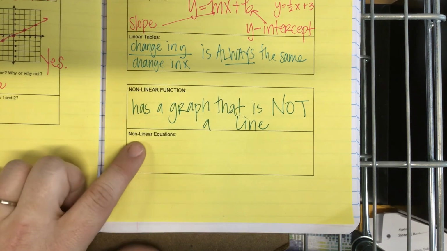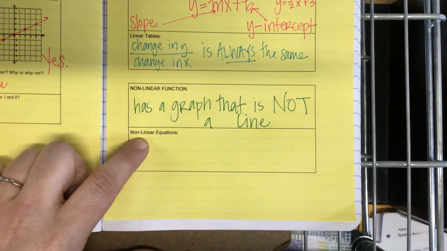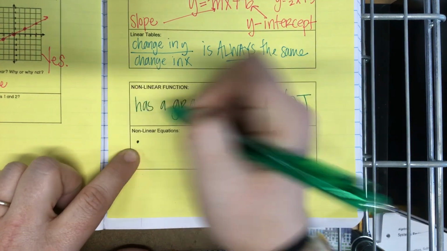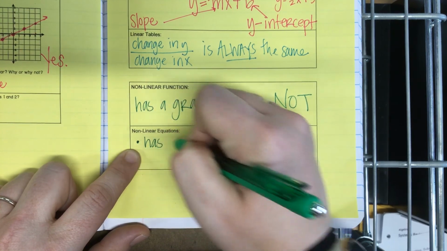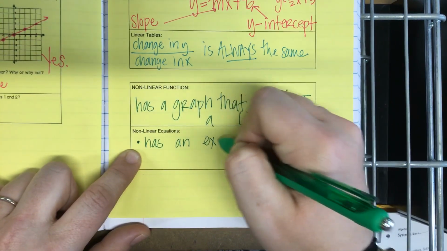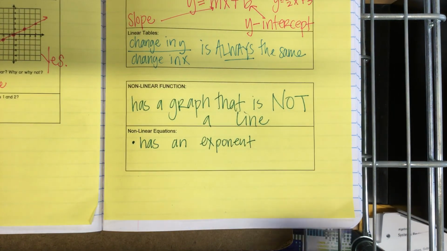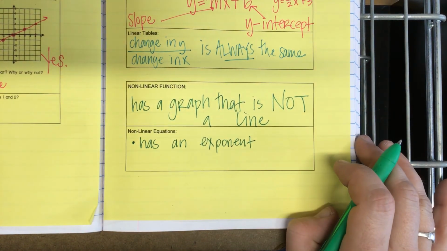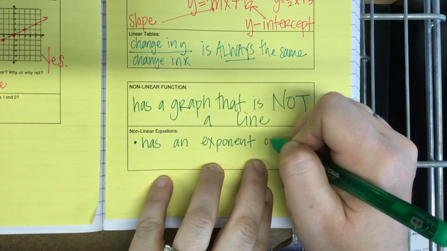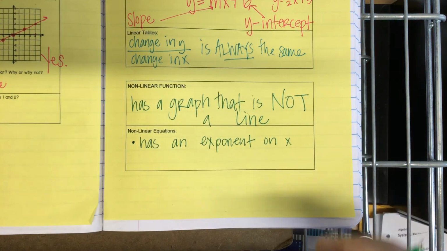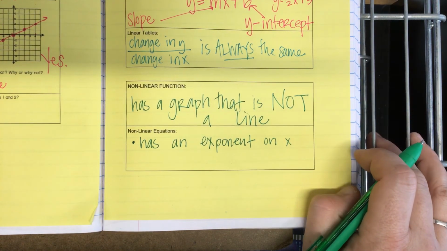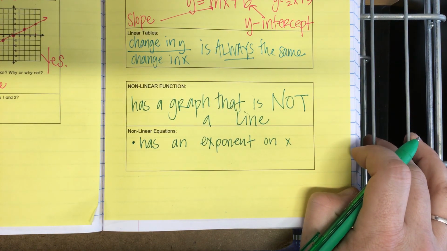A non-linear equation, here's what you need to remember. A non-linear equation has an exponent on x, because it's a function. It could be x squared.